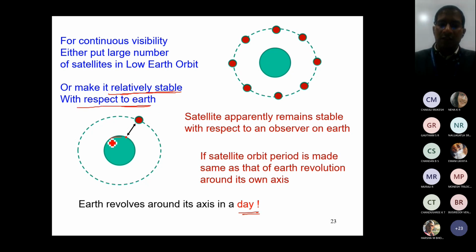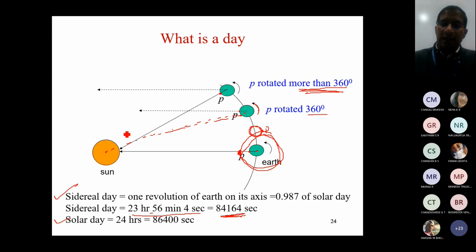At whatever speed your Earth is rotating, if the satellite rotates at the same velocity, it will be relatively stable. Those satellites moving at a velocity equal to the velocity of the Earth will take 84,164 seconds to complete one rotation around the Earth. I will tell what those satellites are called after some minutes.